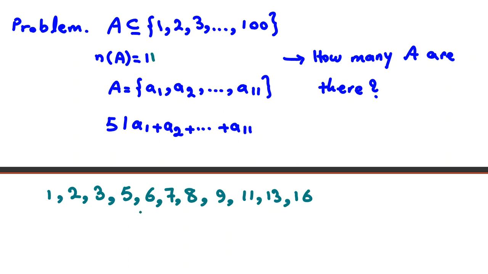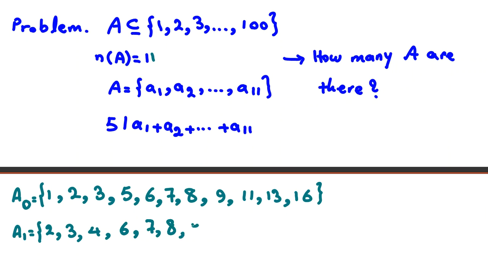It is an arbitrary A that doesn't necessarily satisfy this condition. But I define it as A0. Then A1 is the cyclic addition: I add 1 to each element. It will be 2, 3, 4, 6, 7, 8, 9, 10, 12, 14, 17.